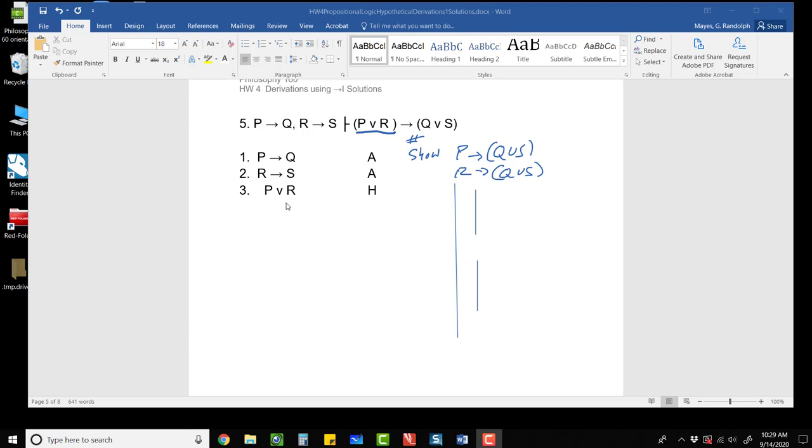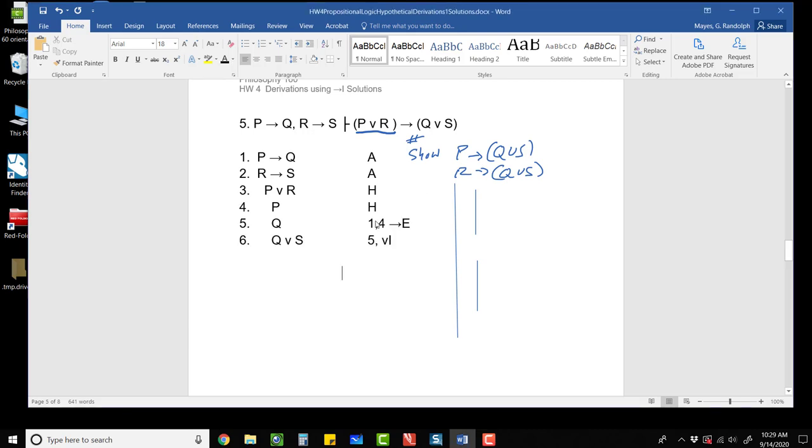Hypothesize P or R, and then your project now becomes to show if P, then Q or S, and if R, then Q or S, for the purpose of disjunction elimination. So your next hypothesis is going to be P. So again, you're going to be involved in nested hypotheses. You've hypothesized P or R, then you're going to hypothesize P in order to get Q or S.